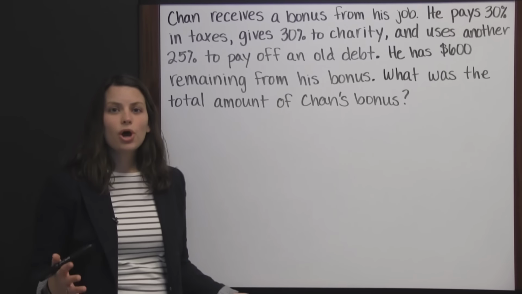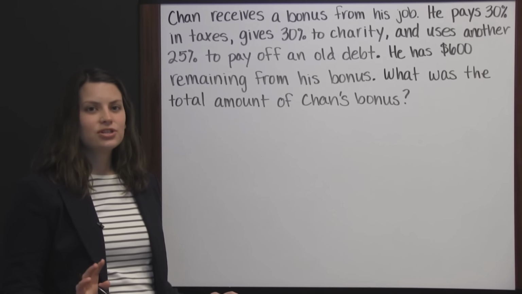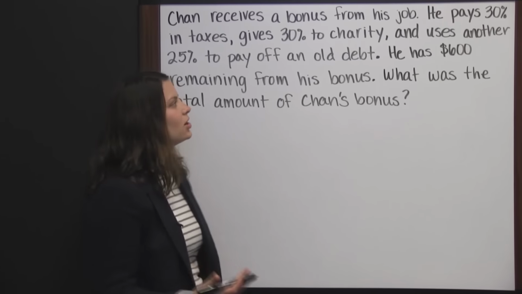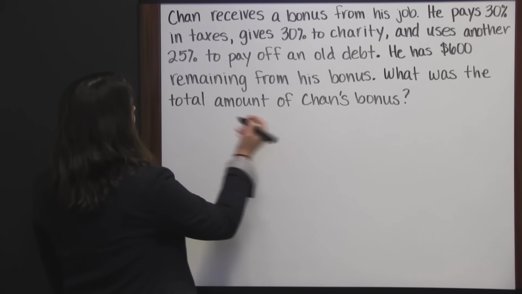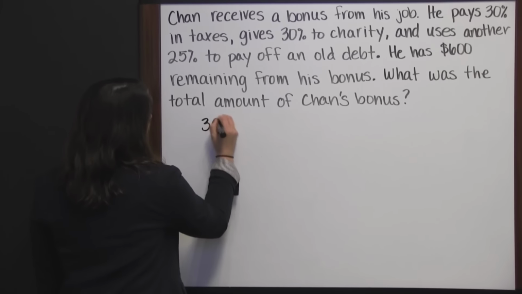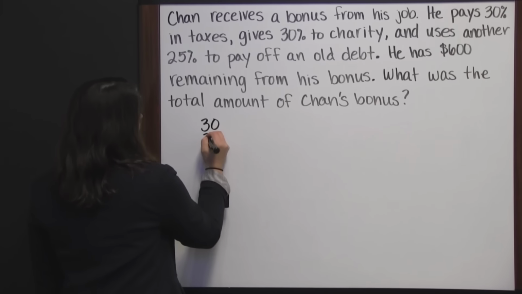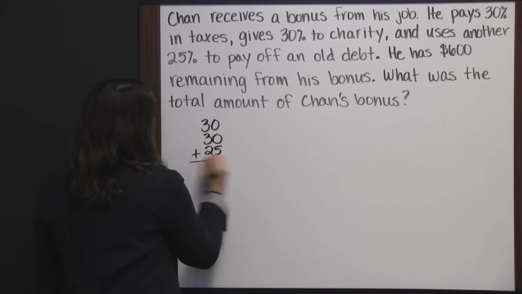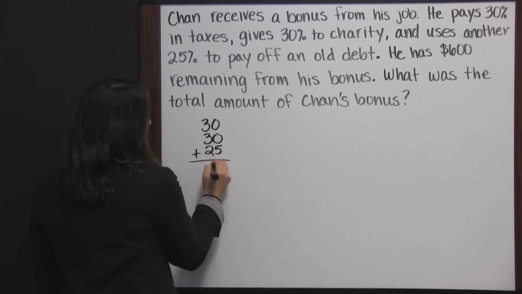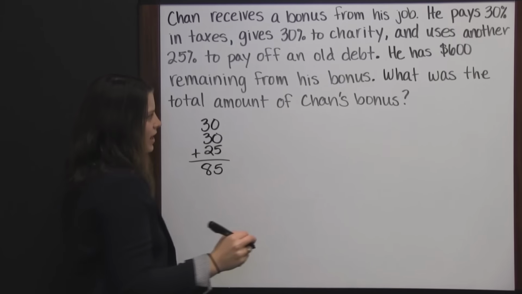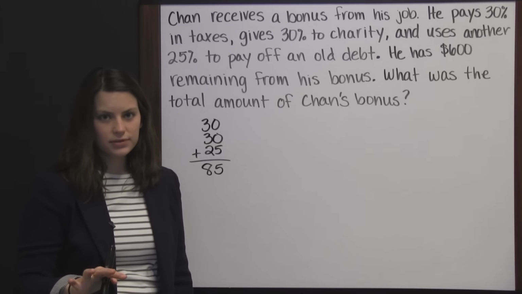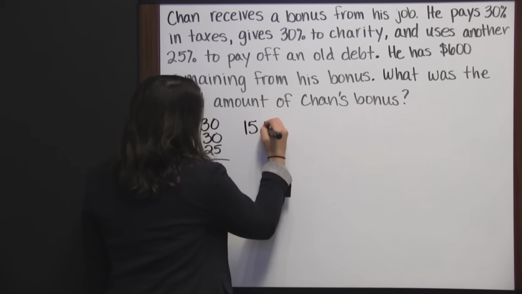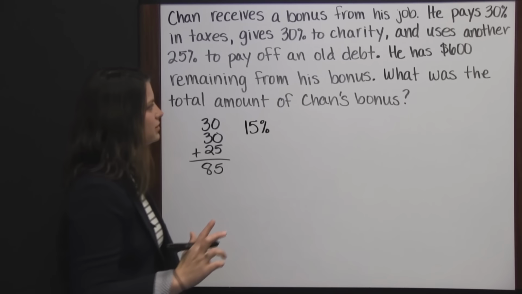First, I want to start with totaling the percentage that he spent or used, the percentage that is not left. So he pays 30% in taxes, gives 30% to charity, and uses the 25% to pay off an old debt. So that's a total of 85% that he has used, which means he had 15% left.